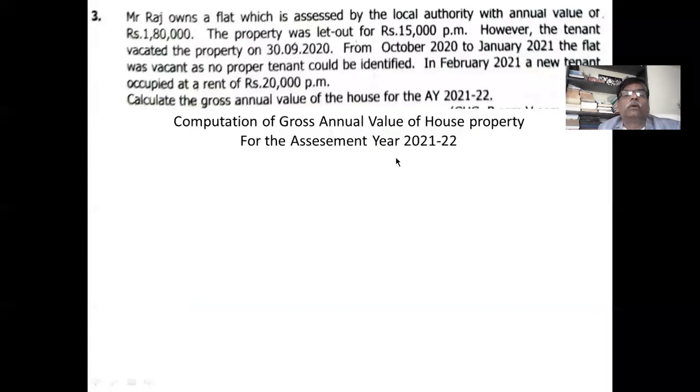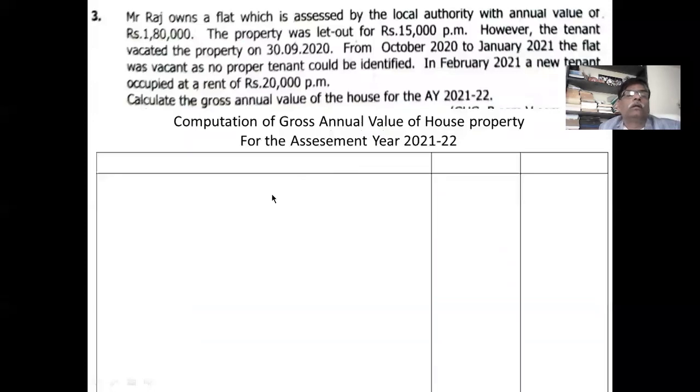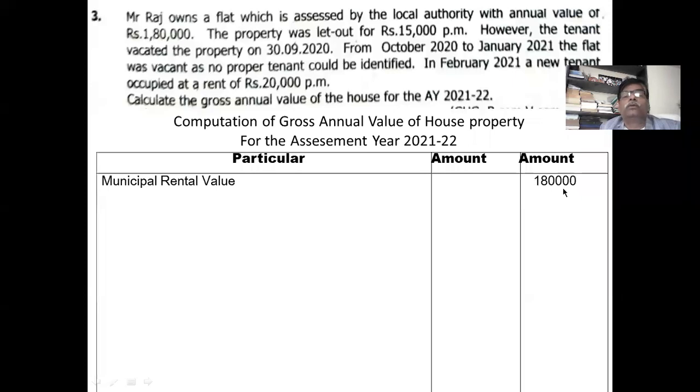Computation of gross annual value of house property. First, you take the municipal rental value. Municipal rental value is 1,80,000. That is local authority value. Second, you have to take rental value.